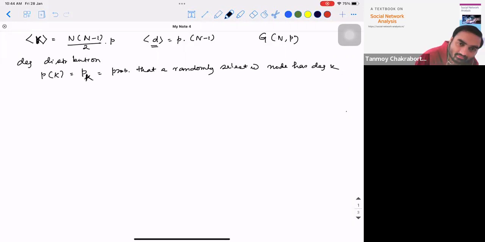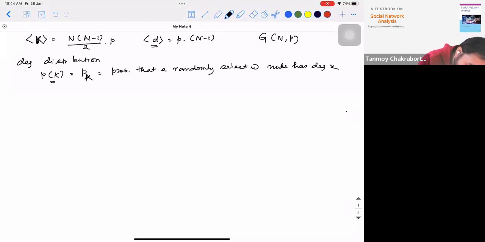Now how do we define it? How do you measure this quantity? For a node to have degree k, the node must be adjacent to k other nodes in the graph. So we can select k nodes at random from the remaining n minus 1 nodes.